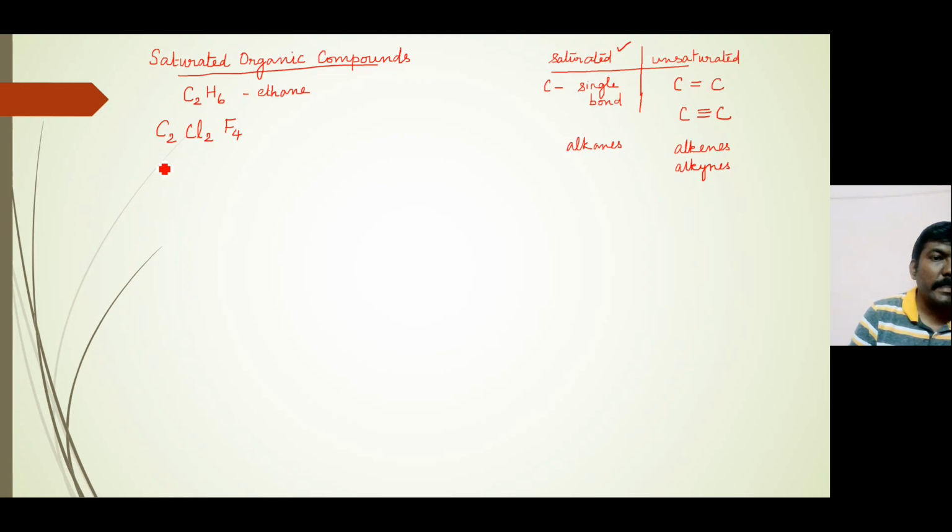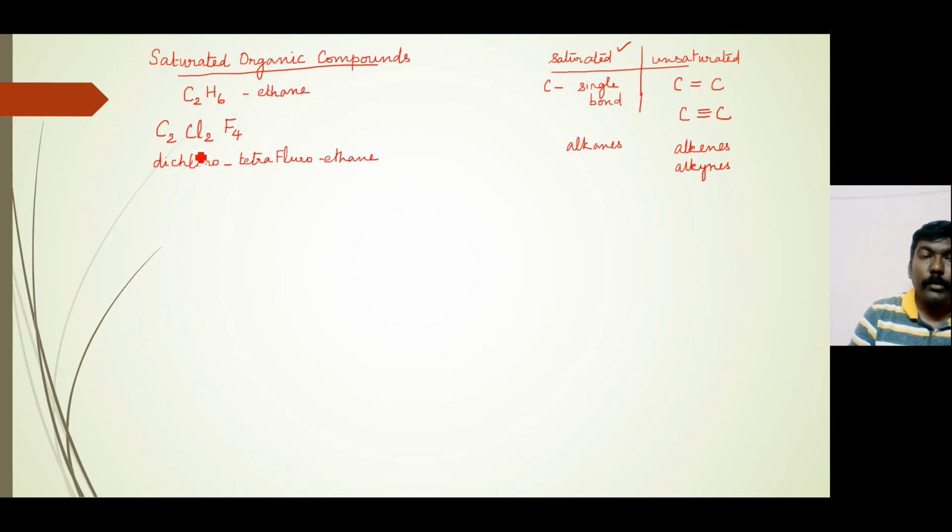What is this? This is dichlorotetrafluoroethane, so you have two chlorine atoms. Dichlorotetrafluoroethane is another saturated organic compound, and we will look at this particular example to start with.